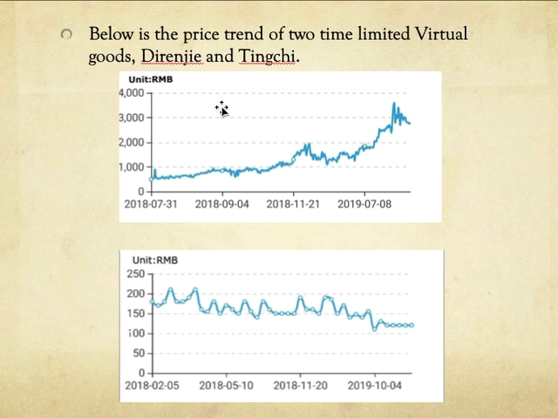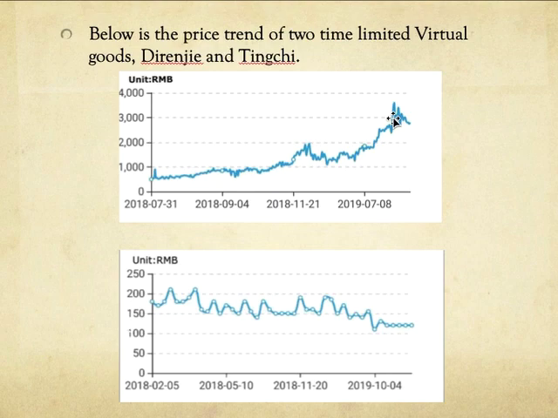For Direnjian, the original price is 800 and it keeps increasing, and after about 4 months it increases to 1000, and then it keeps increasing, getting lower, increasing and getting lower, and now it has become 3,200 RMB. It's a very huge increase.